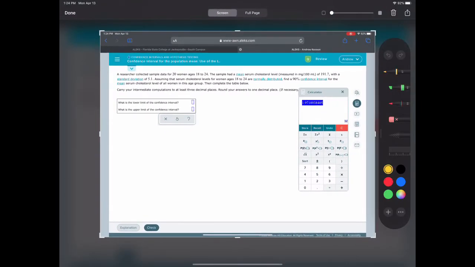So what the formula is looking like is t times the standard deviation divided by the square root of n, and this is what we call our margin of error. We do this number, and we get 1.972 for rounding.